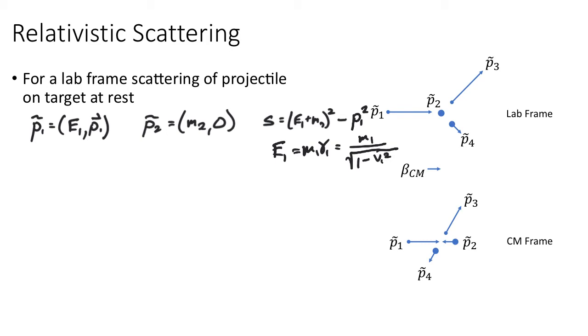But C is 1 usually for us. And we can also expand that. That's M1 times 1 plus 1 half V squared. So you see it's M plus the kinetic energy. If V is small, we can make that expansion.